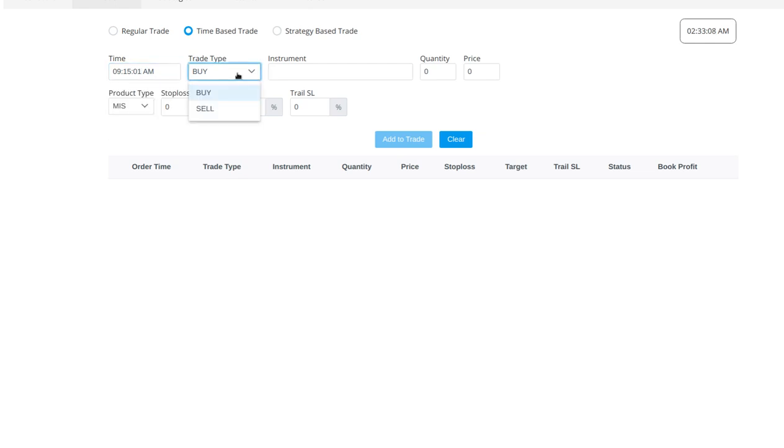Here the time-based order supports buy and sell, and then you can select the instrument.